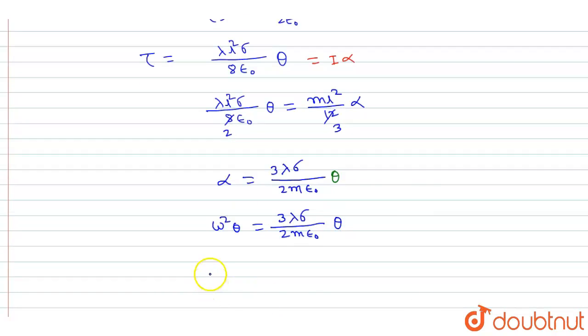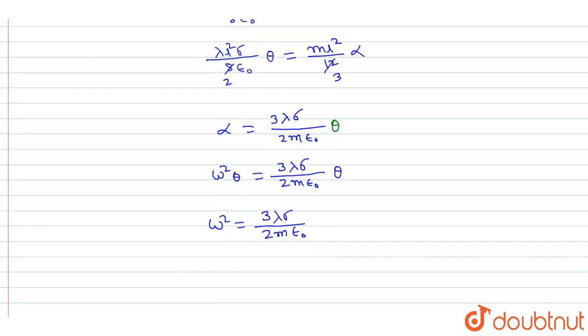So omega square is equal to 3 lambda sigma divided by 2 m epsilon naught. Omega is equal to root under 3 lambda sigma divided by 2 m epsilon naught.